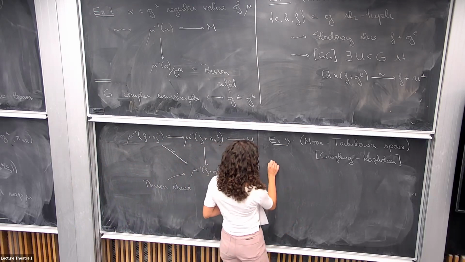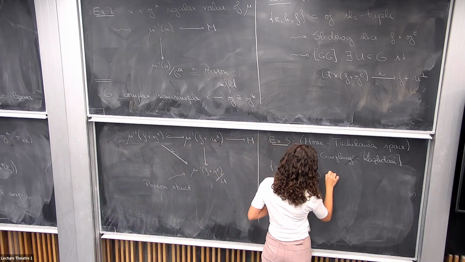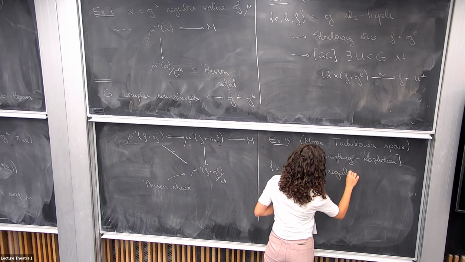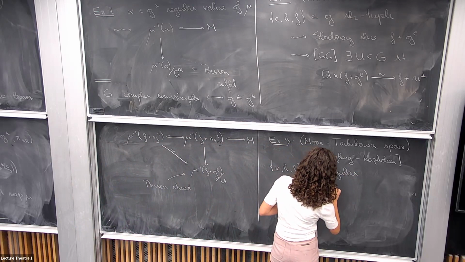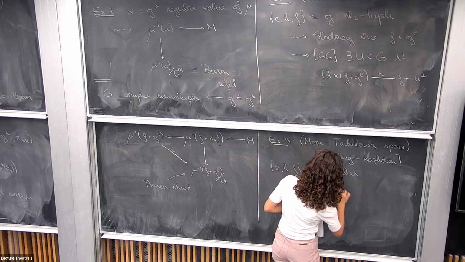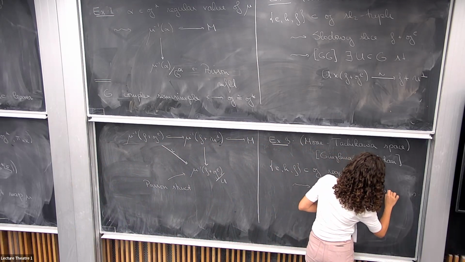So in this example, we take our SL2 triple to be regular, and in this case, we get this Slodowy slice S, which is sometimes called the principal slice.